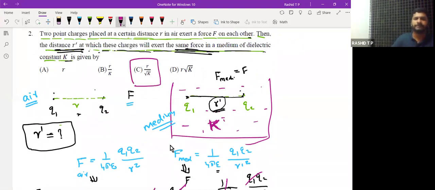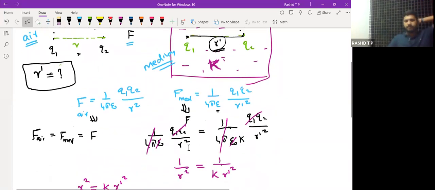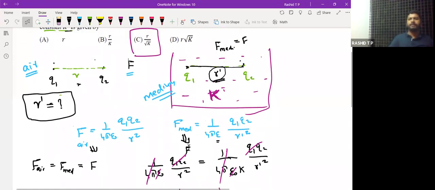Hope the application of this equation, the Coulomb force in the medium and in air or free space, is very simple and very clear to you.